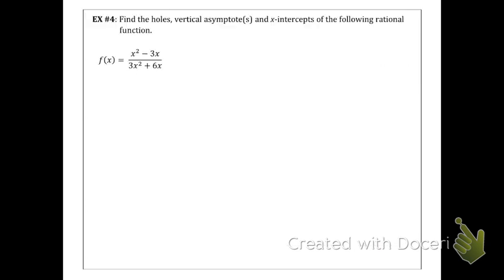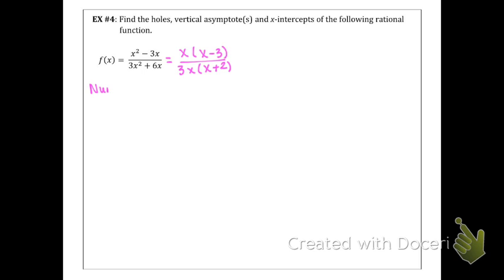All right, so let's try this. It says find the holes, vertical asymptote, and x-intercepts for the following rational function. All right, so I'm going to simplify. I'm going to factor this out. Now, according to what they told us on the previous page, we're going to find the zeros of the numerator and the denominator.